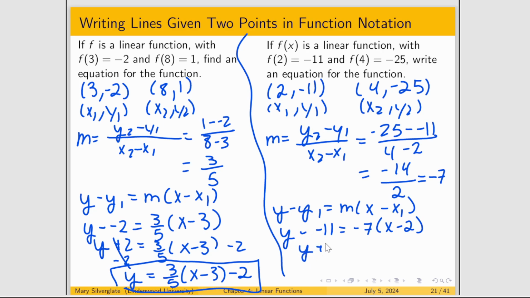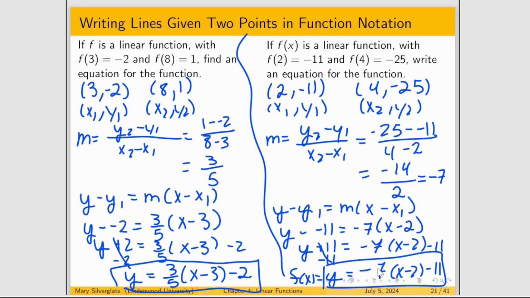Minus a negative is the same thing as adding a positive. And again, if I just want it to be y equals stuff, if I didn't want other stuff over there with the y, if I want to rearrange it by subtracting 11 on the other side, you go for it. Then I always could also replace that y with an f of x. Either notation is fine. And that'd be our nice, beautiful final answer.